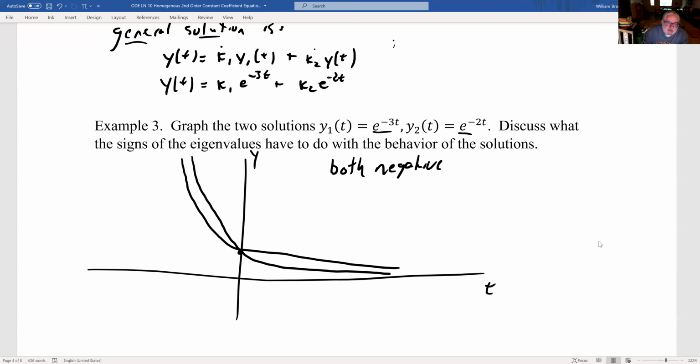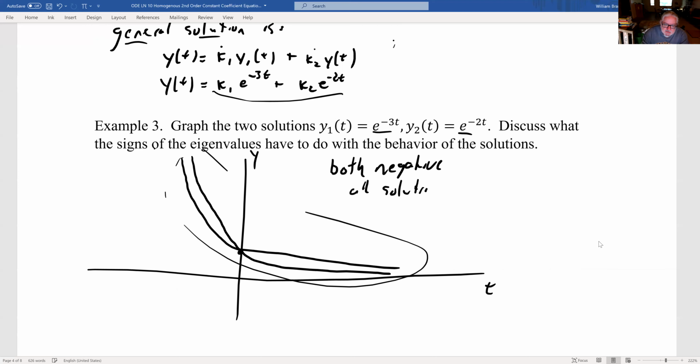So any combination of these things is all going to have the same properties. They're all going to look more or less like these curves. So all solutions go to 0 as t goes to infinity. Right? They all have this asymptote here.